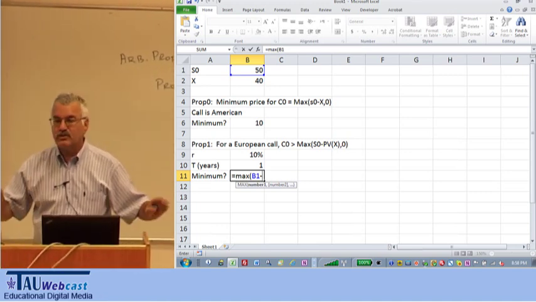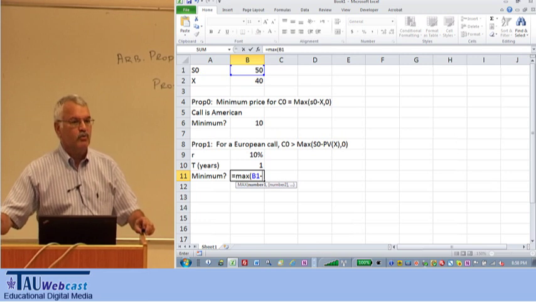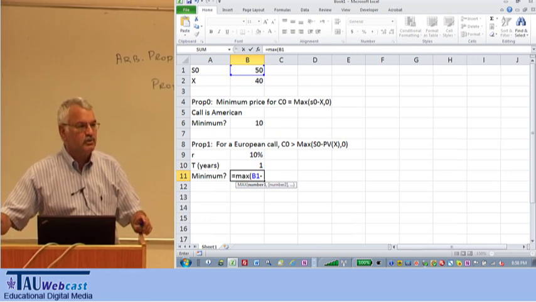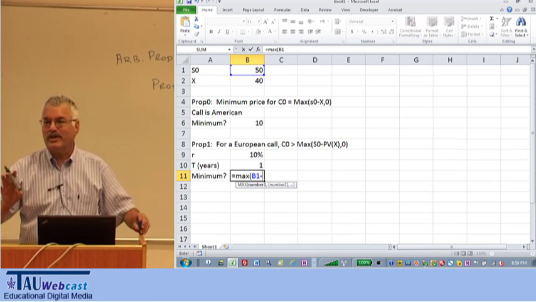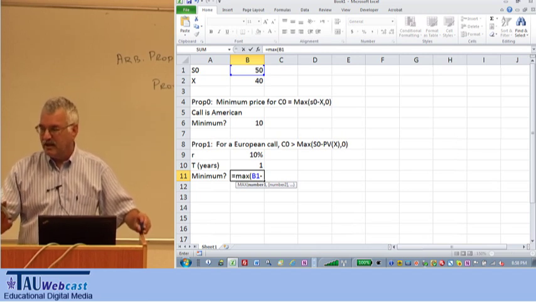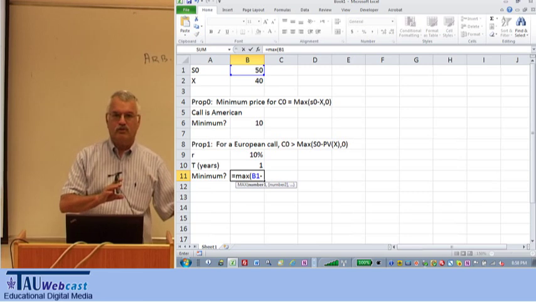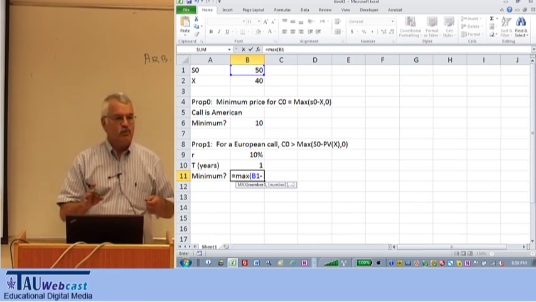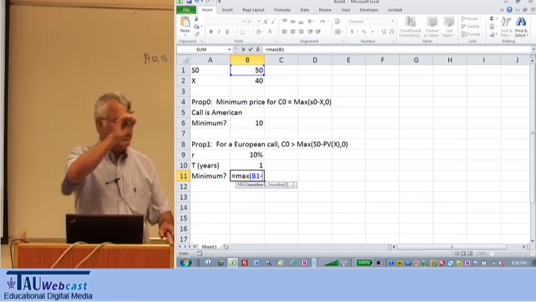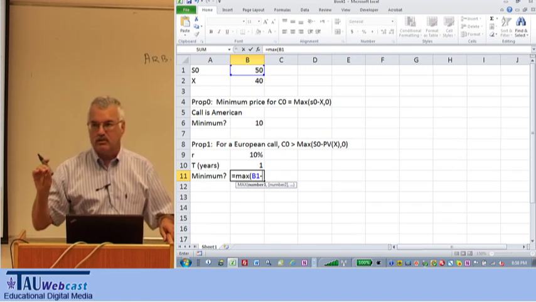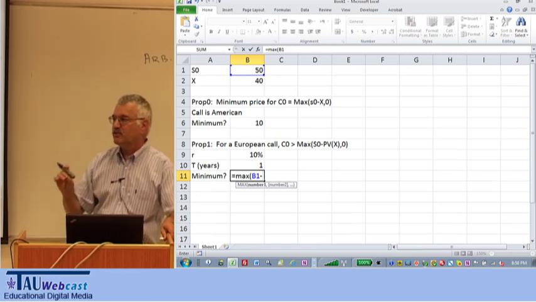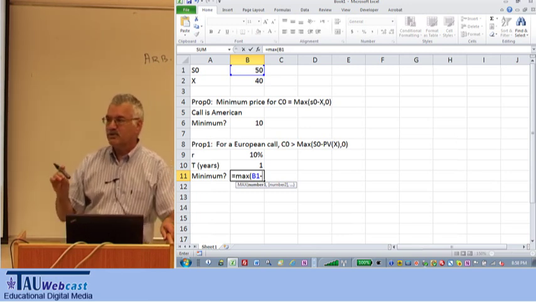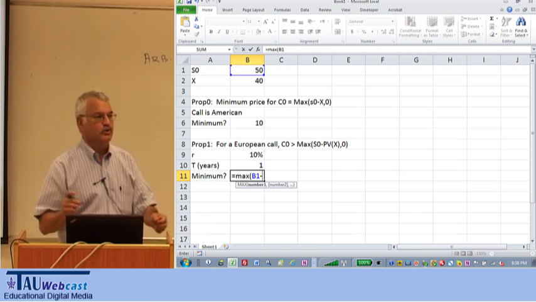The answer is it depends on whether you're using continuous compounding or discrete compounding. There's no correct answer to this, and we're going to do both Black-Scholes and the binomial model. The binomial model is a discrete model. Black-Scholes is a continuous model. So the actual numerical answer you get for this particular proposition depends on what you're assuming.